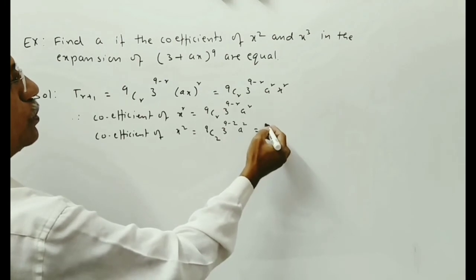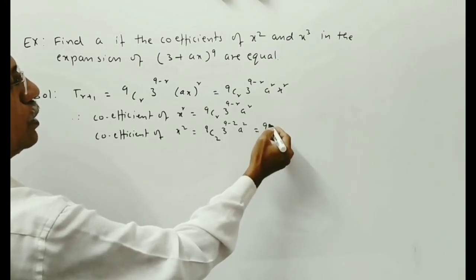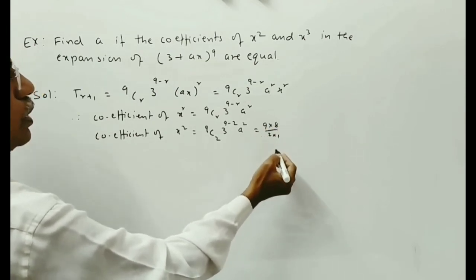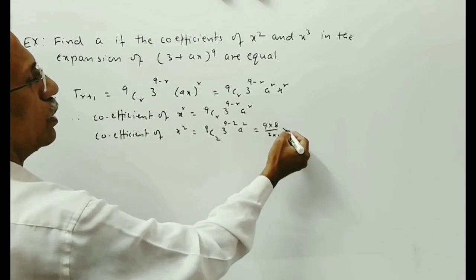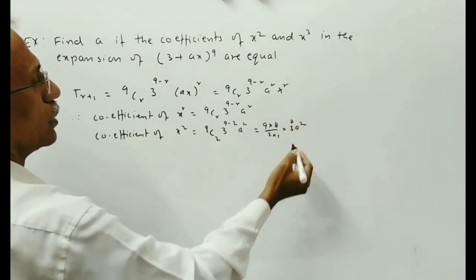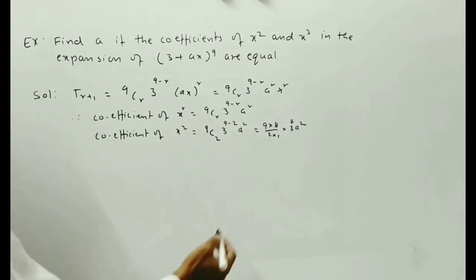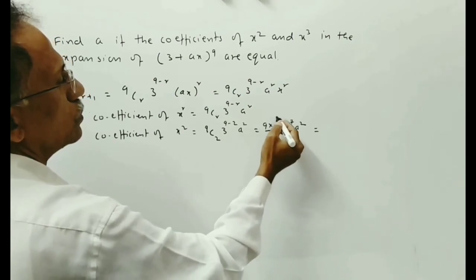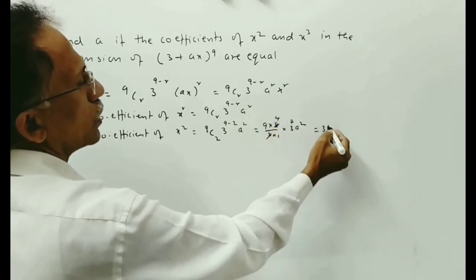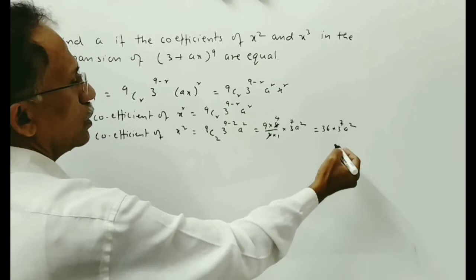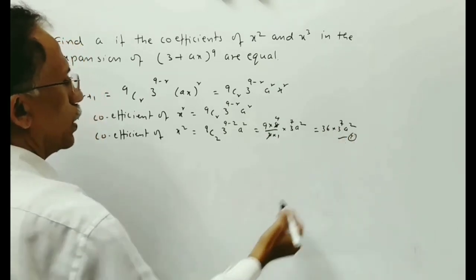This is equal to 9 into 8 divided by 2 into 1, into 3 raised to the power 7, a square, which is equal to 36 into 3 raised to the power 7 into a square. Say, number 1.